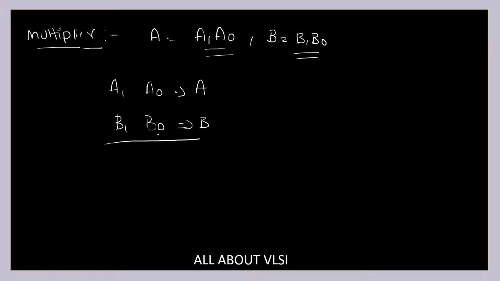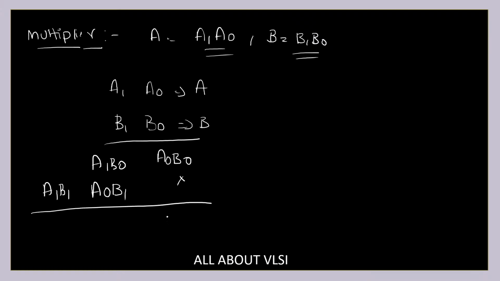Now if I multiply these two numbers, what am I going to have? I'm going to have A0 B0, A1 B0, A0 B1 and A1 B1.